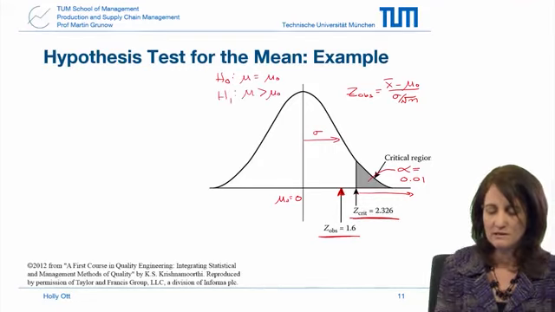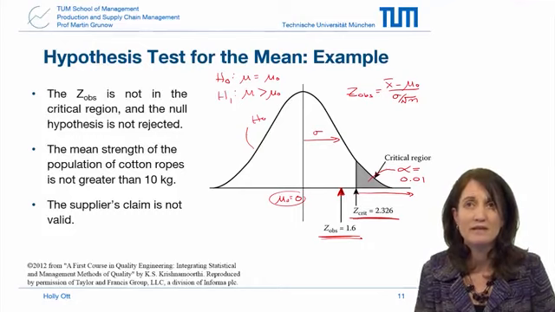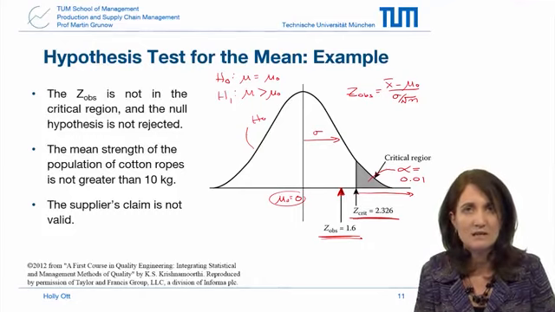It is not greater than 2.326. So we cannot reject the null hypothesis. The mean strength of the population of cotton ropes, even though it came from the supplier who made the claim, is not greater than 10 kg. We cannot say that at a significance level of 0.01, and we say that the supplier's claim is not valid.